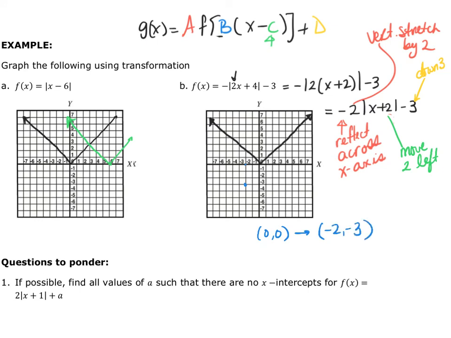Now, it is going to have slopes of negative 2 and positive 2. So this time it's going to come into this with a negative 2 slope, and it's going to come out with a positive 2 slope. So that's what that particular graph will look like with the transformations.